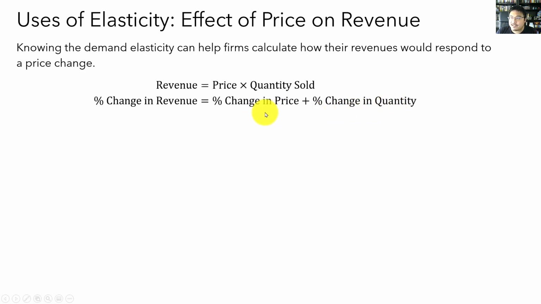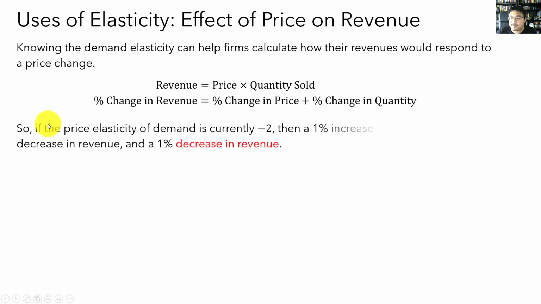And since elasticity relates how percent change in quantity is affected by the percent change in prices, knowing the elasticity can help you calculate the percent change in revenue. So let's take a look at how this works.